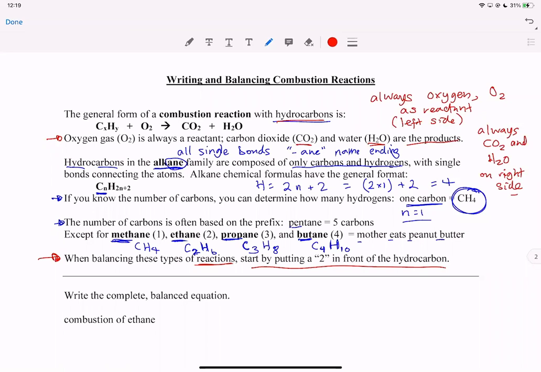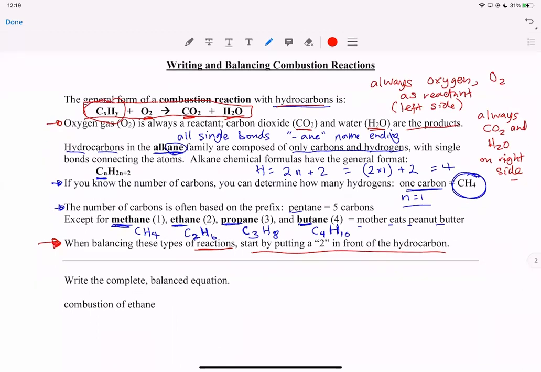And so you have this general form of the combustion reaction, where you can see the O2 is the reactant on the left side of the arrow, and you have the CO2 and H2O on the right side. So what changes is that hydrocarbon. This number of carbons and hydrogens will be determined by the prefix of the name, and then you can calculate the hydrogens. And when you balance these reactions, you're always going to put a 2 in front of the hydrocarbon. So you'll see that.